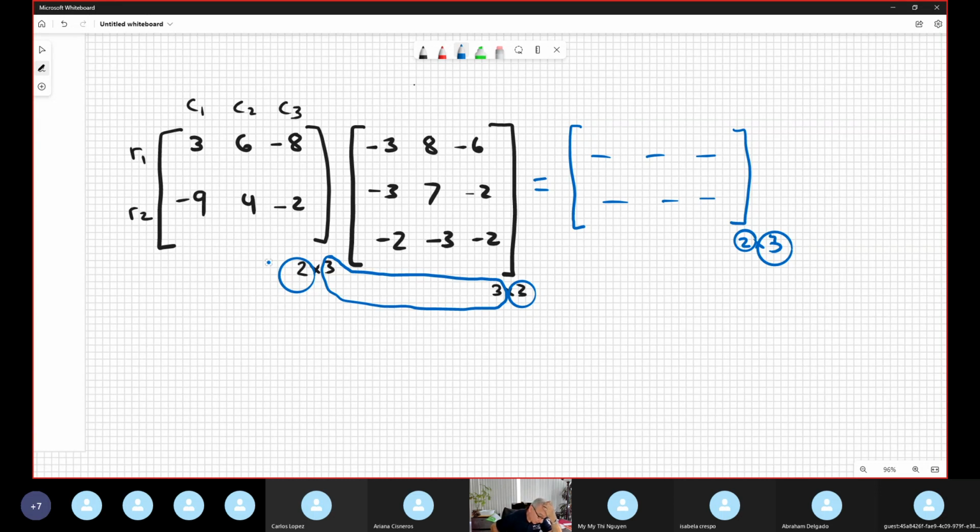I highly recommend that you do not do it by hand. It's crazy because you multiply this times this, and you get that number. This times this, and you get that number. This again, row 1 times column 3, and you get that number.